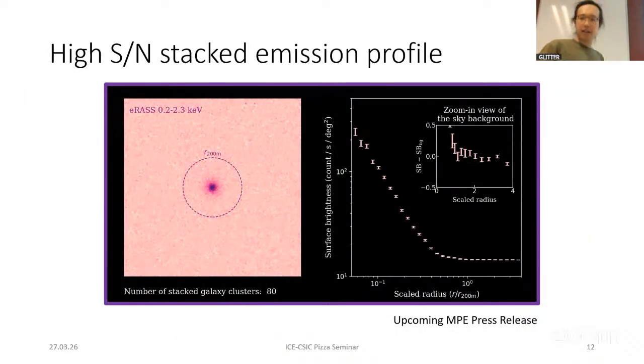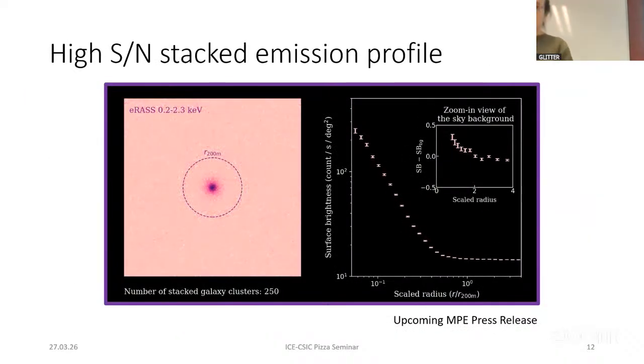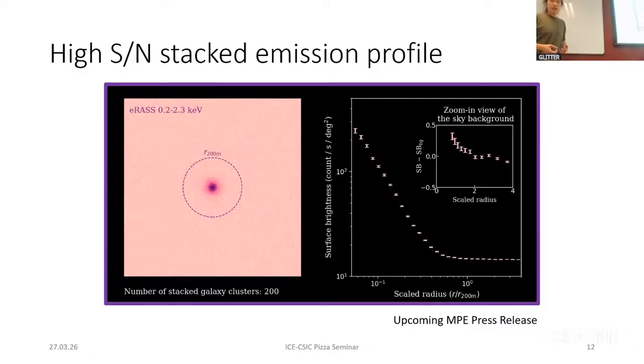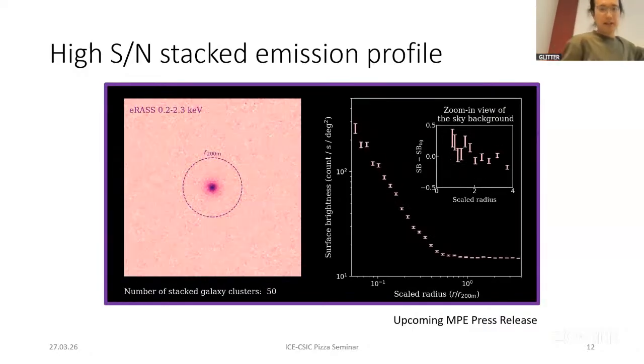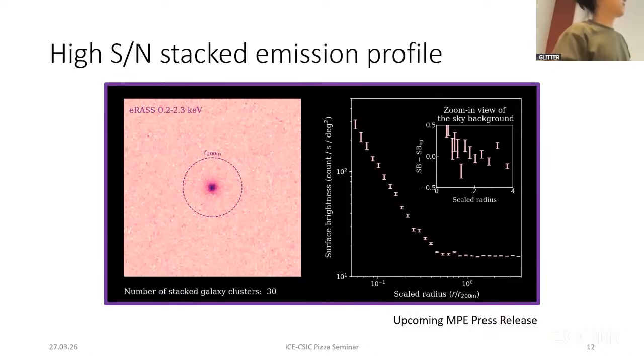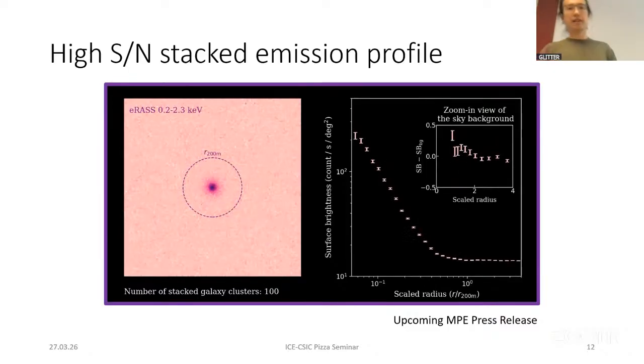And here is an animation showing you how the signal to noise ratio improves by adding more objects. The first frame is very noisy, with only 10 objects, and with more and more objects added, the reconstructed image becomes very smooth. And on the right is the stacked surface brightness profile.